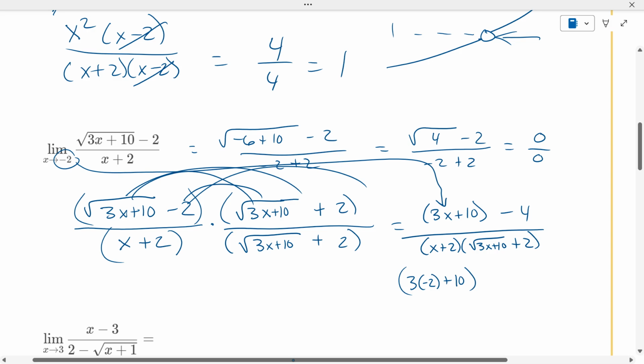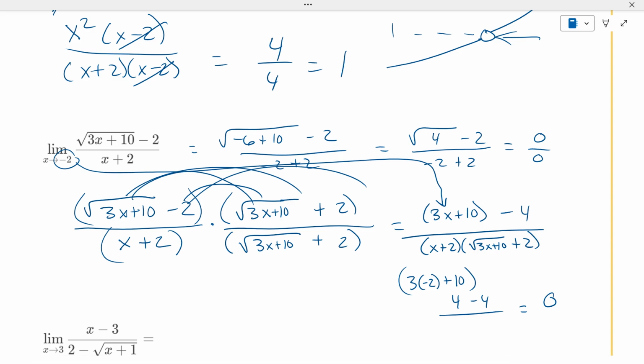That's negative 6 plus 10 is? It's 4. So you get 4 minus 4, so your numerator is 0. Let's see what the denominator becomes. Oh, shoot, it's 0. Uh-oh. Is it 0? It is 0.